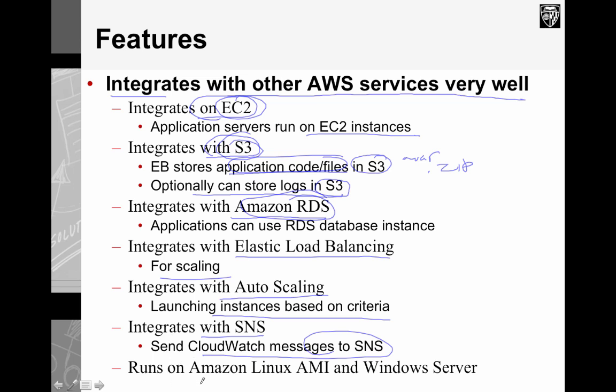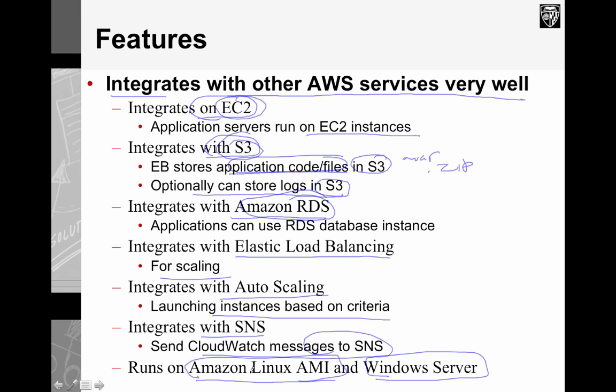Also, it only runs on certain Amazon Linux AMI and Windows Server instances. I should say this is more of a restriction rather than a feature. The point I'm trying to make is you really cannot truly select the actual operating system for your instance. You can select the instance size, but not the operating system, because they have pre-configured which operating system works best for the application server.